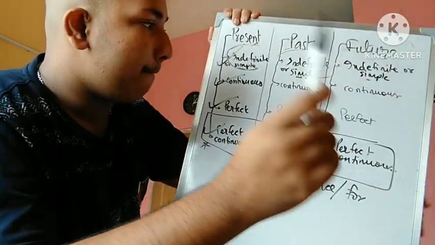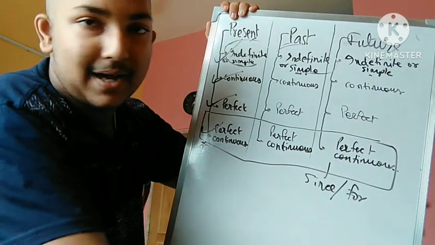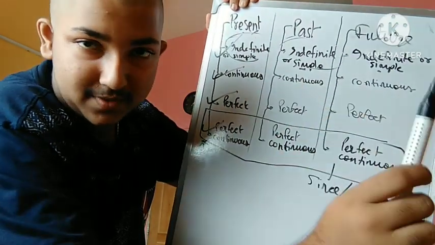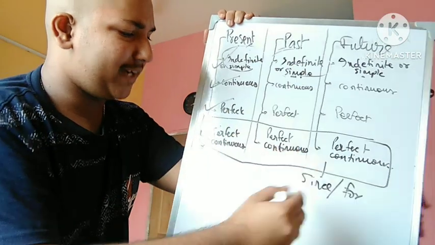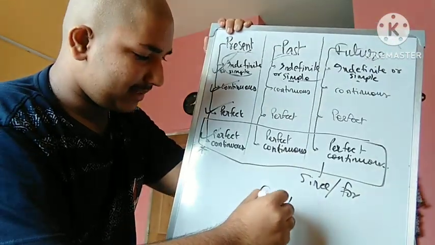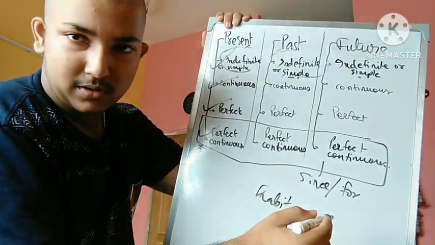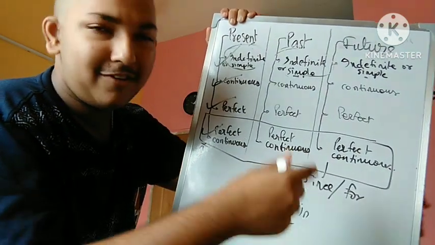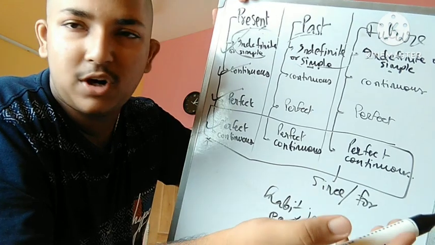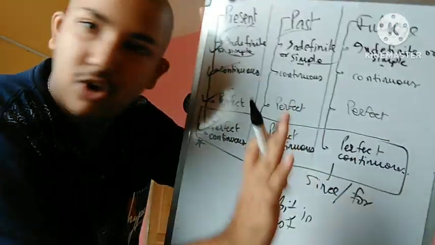Let's come to the past continuous thing. Past continuous tense. This is also used to demonstrate any habit or habit in past. General fact, we know that general fact cannot be seen in past.